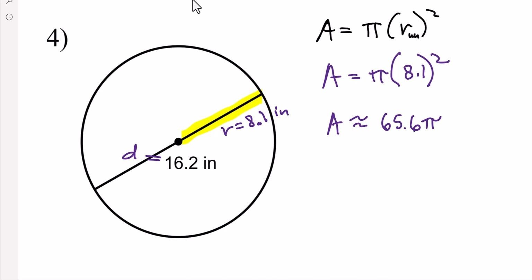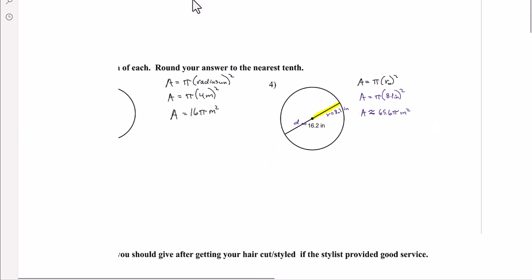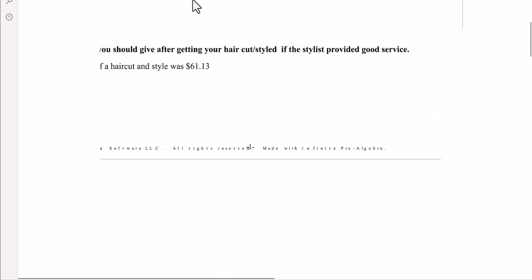Oh, I didn't put tick marks inside here. I needed to put the inches in there. Because all 3 sides are different, 3 tick marks, and the inches are also squared. So this is a 65.6 pi inches squared scalene acute triangle. And notice, because I'm rounding, I put the approximation symbol. This one is less than 90.